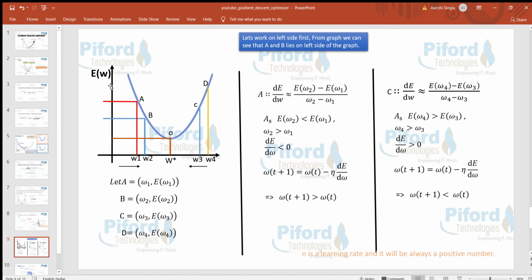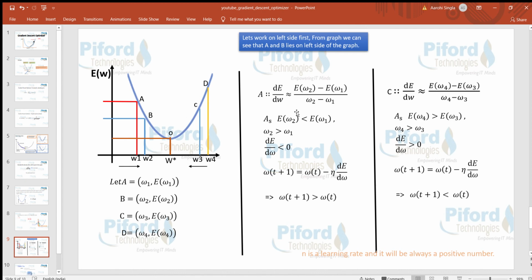In the same way, W4 is greater than W3, because values are increasing in this direction. So W3 is here, W4 is next to W3, and that means W4 is greater than W3.